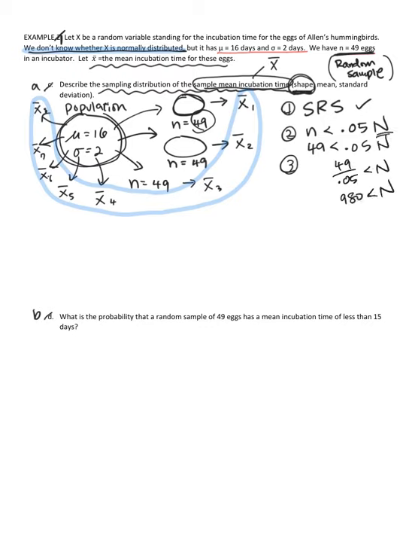So if the population size is more than 980, we're good to go. We can't really tell if that is true or not, but let's assume that it is, so we can move on. Of course, when you're actually doing the research, you have to verify this requirement, but for now, let's assume that there are more than 980.